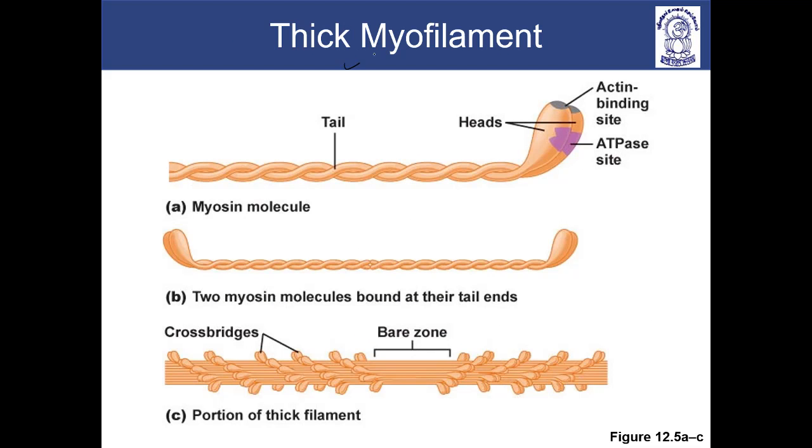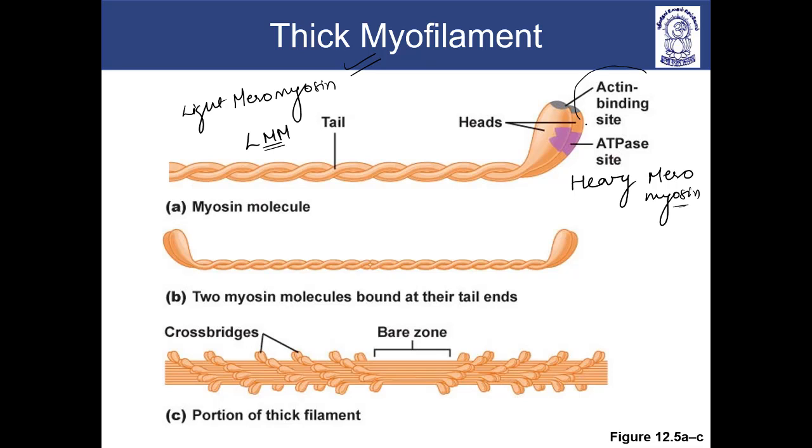Now, this is the thick myofilament. The myosin molecule has the light meromyosin, LMM, and this is heavy meromyosin. This is the actin binding site.